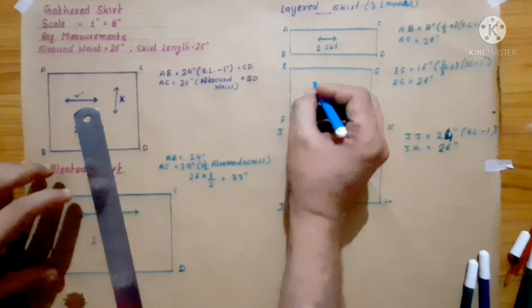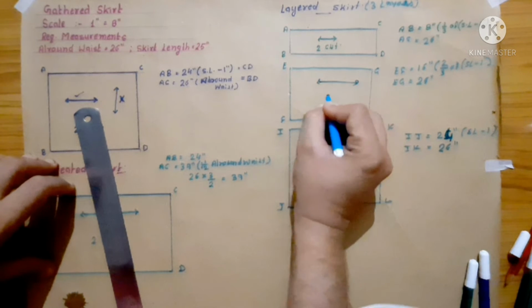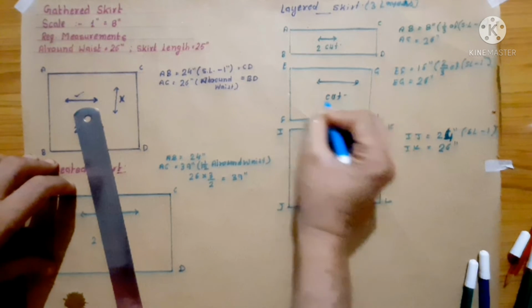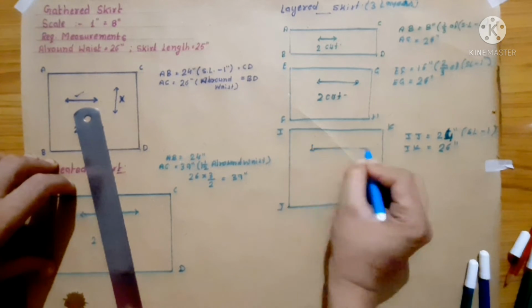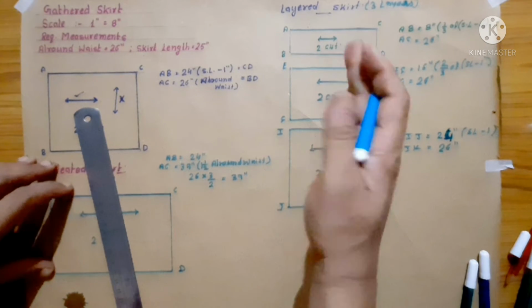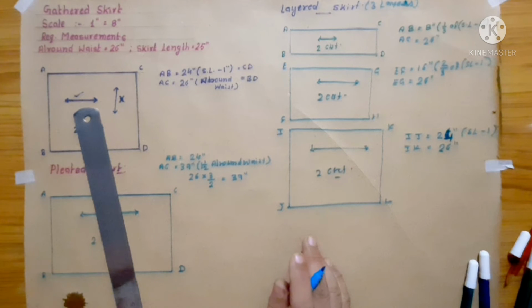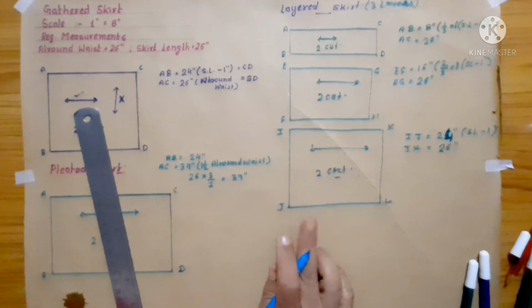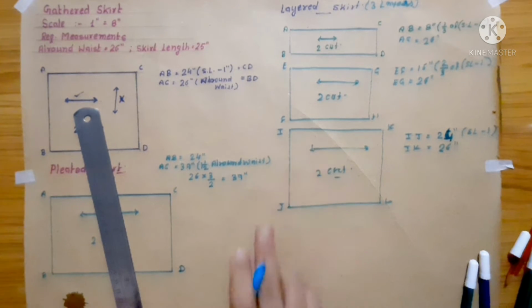So this is the layered skirt. For that you require 6 pieces of skirt and 1 piece of belt, right? So this is the layered skirt.